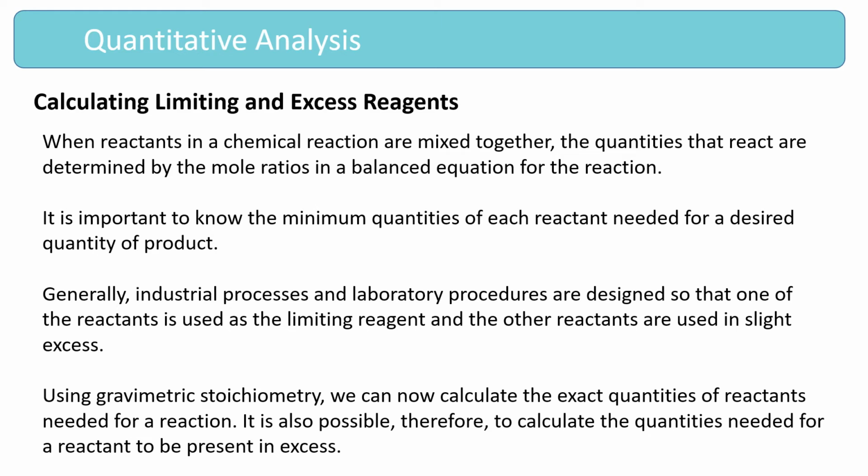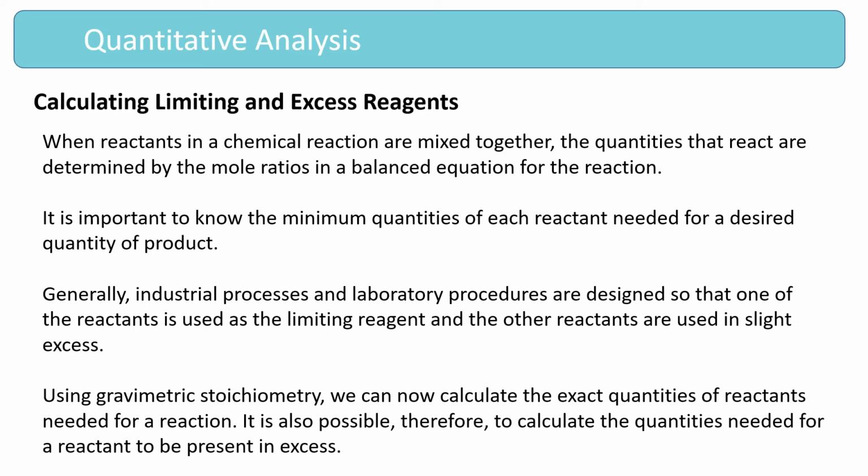In industrial processes and laboratory procedures, they are designed so that one of the reactants is used as the limiting reagent and the other reactants are used in slight excess. Using gravimetric stoichiometry, we can now calculate the exact quantities of reactants needed for a reaction.